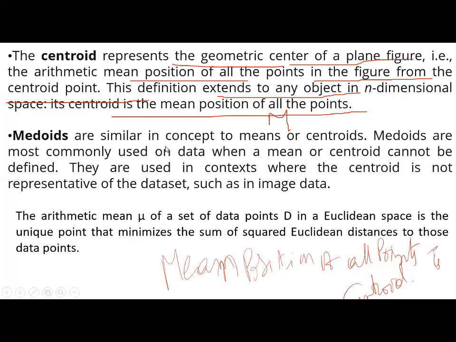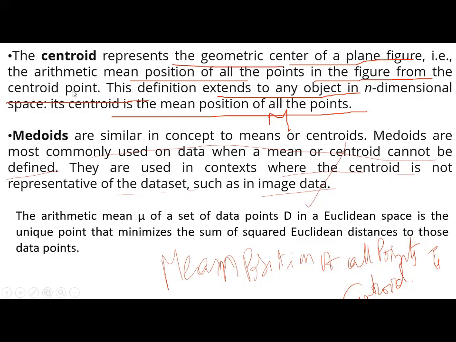Medoids are similar in concept to the mean or centroid. Medoids are most commonly used on data when a mean or centroid cannot be defined, my dear friends. They are used in contexts where the centroid is not representative of the data, such as image or natural language processing or speech recognition. Somewhere it will be used.